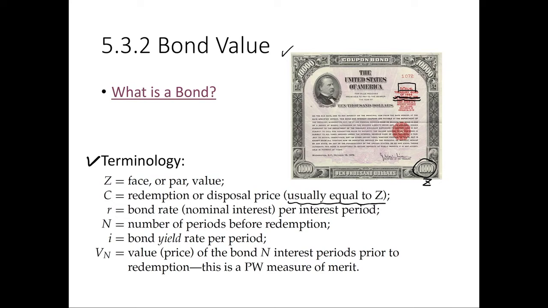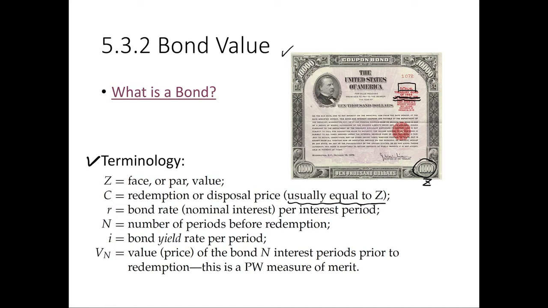How much is that amount? That is called C, the redemption, and usually it is equal to the face value of this coupon. So your coupon, one piece of paper is 10,000 in this case, and after 20 years, you're gonna get that 10,000 back. So that's the redemption.